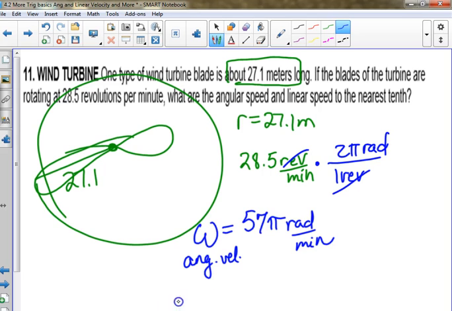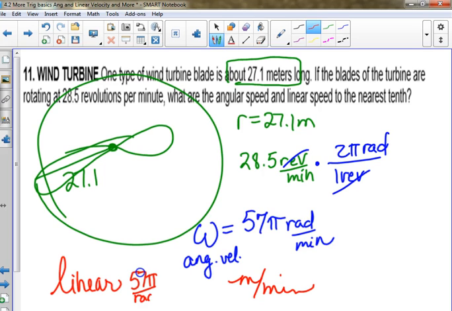How do we change it again to linear? Anybody remember? Well, I need it to be in meters per second to be linear. So what are we going to have to do? Meters per minute. It does say the nearest tenth, so I should have multiplied that out, but anybody remember? How do you go from angular to linear? Well, I need some units here.